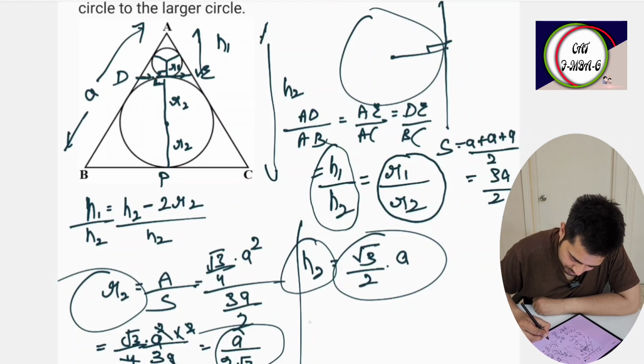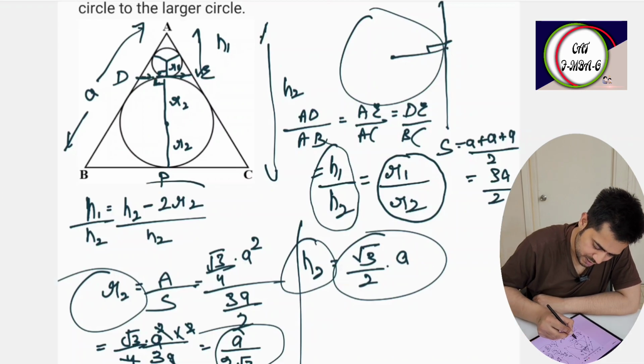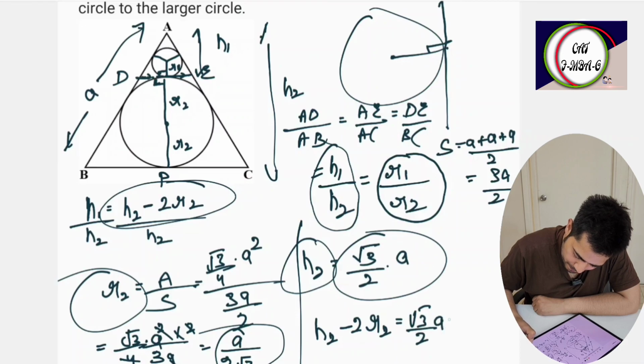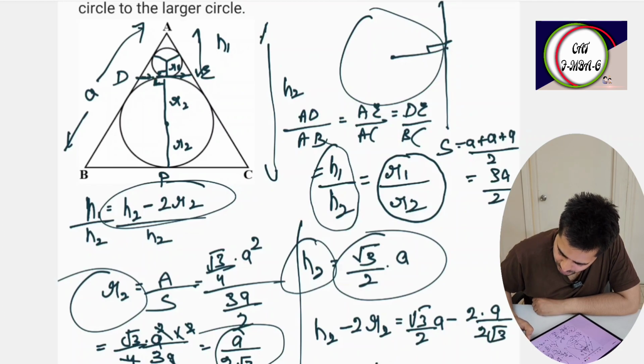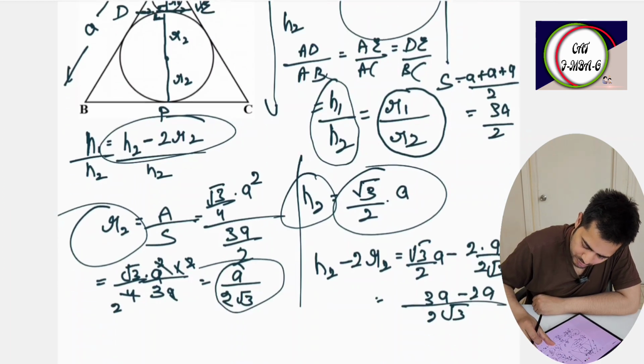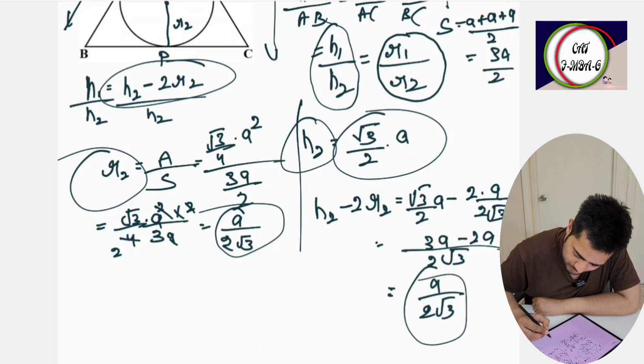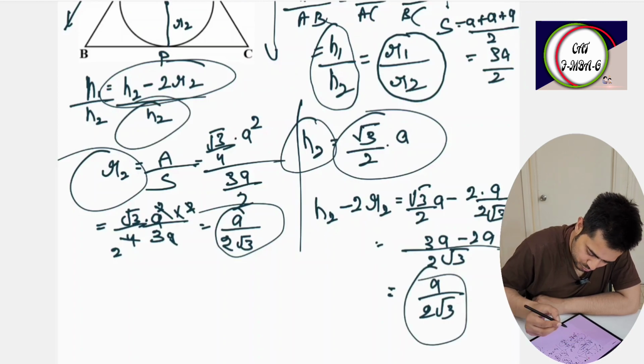So H1 by H2 is this H2 minus 2R2 divided by H2. So H2 minus 2R2 is equal to, what is H2? Root 3 by 2 A minus 2R2, 2 into A by 2 root 3. Taking 2 root 3 common, 3A minus 2A is equal to A by 2 root 3. And what is H2?